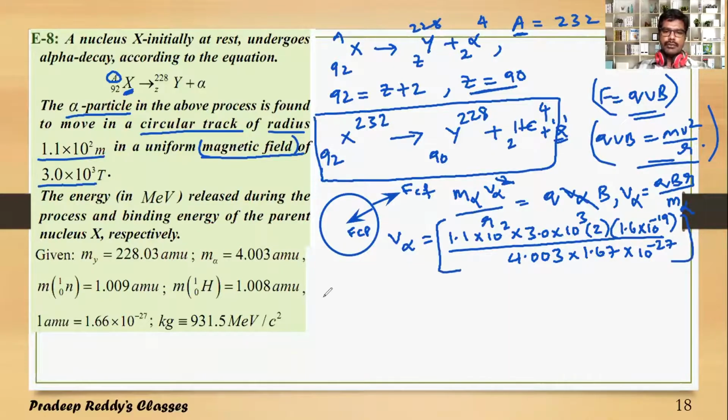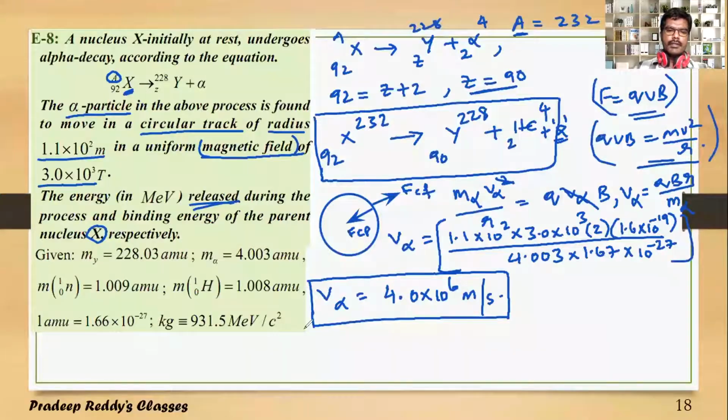If you multiply this total, you will be getting velocity of alpha particle. First calculate that and tell me the answer.